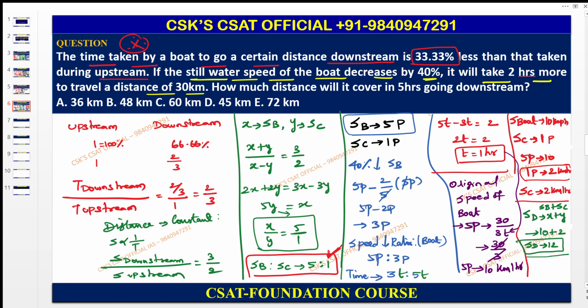Then automatically we can find out the distance. Distance is equal to speed into time. Speed here is 12, time here is 5 hours going down. 12 into 5 is 60 kilometers. So the distance covered in 5 hours downstream is 60 kilometers.